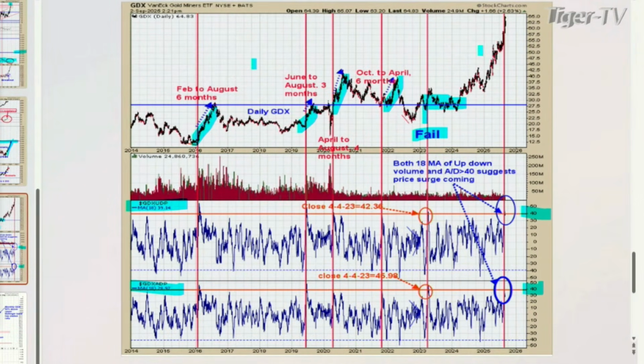And it's happening again right now. What that means is the previous 5 times we got to 0.4 on both those indicators, there was 1 failure, and the failure wasn't really a big failure, it just went sideways. So there's an 80% chance that the market's going into a surge pattern that may last 3 to 6 months.